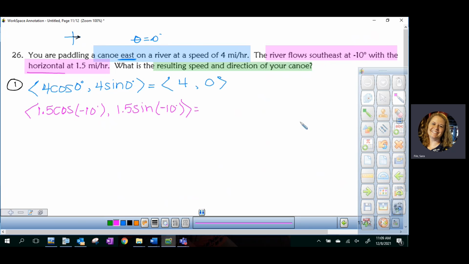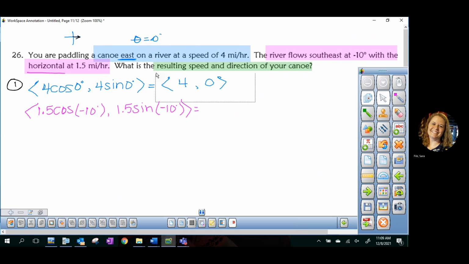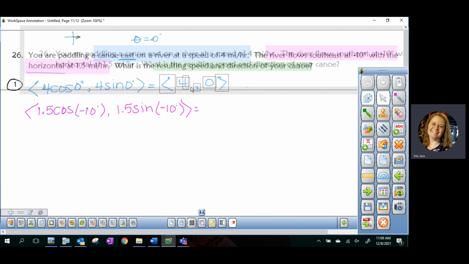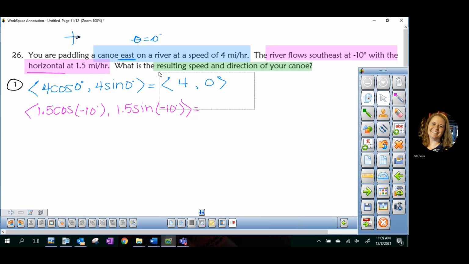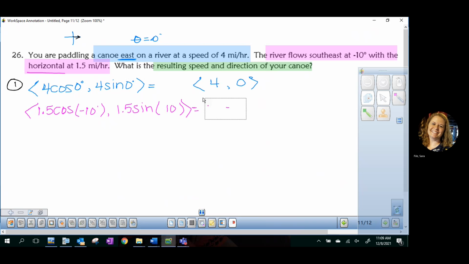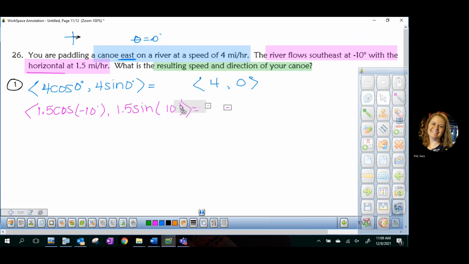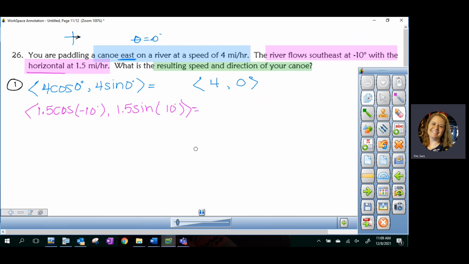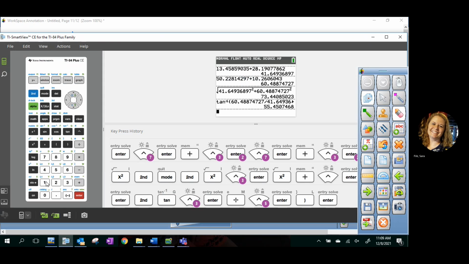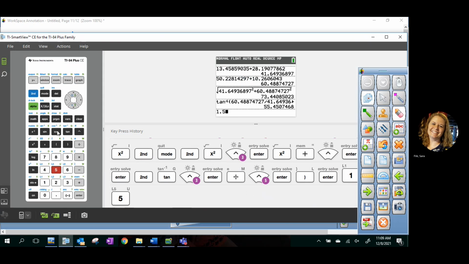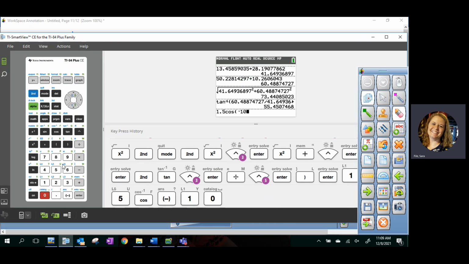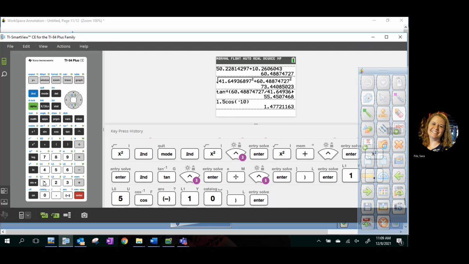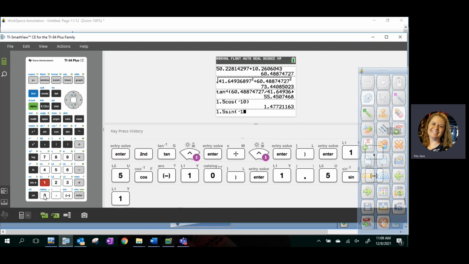All right, so when we calculate this one, okay, so when we calculate this, 1.5 cosine of -10 and 1.5 sine of -10.